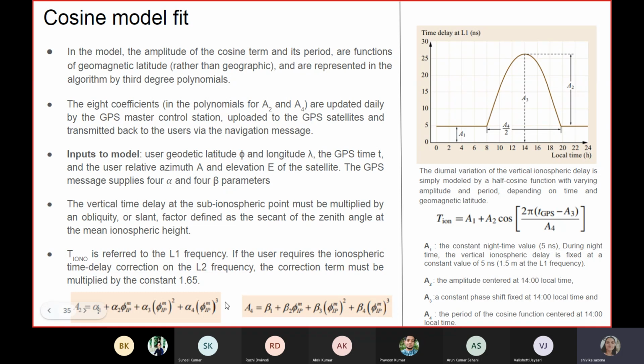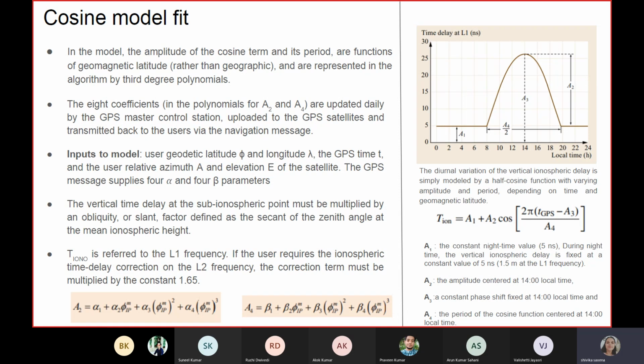This is a third degree polynomial equation where alpha 1, alpha 2, alpha 3, alpha 4 are 4 of the coefficients, and the other 4 are inside the A4 equation. This is also a third degree polynomial equation with beta 1, beta 2, beta 3 and beta 4. So in total 8: alpha 1 to alpha 4 and beta 1 to beta 4 in the polynomials for A2 and A4, which are provided by the navigation message. These are used to model the ionospheric correction.